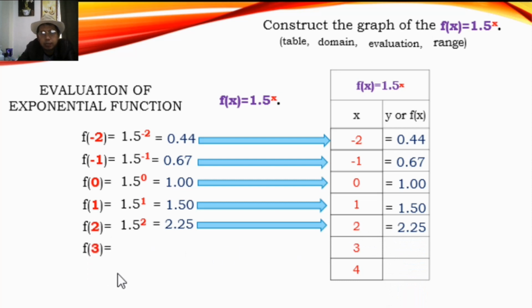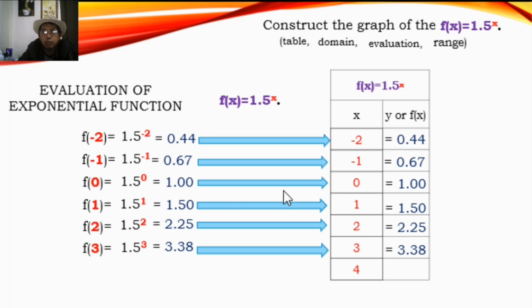The next thing to evaluate is, what if my x is 3? So I have here f of x is equal to 1.5 raised to 3. What would be the result? It will give me 3.38 as my y, and so my point will be at (3, 3.38).